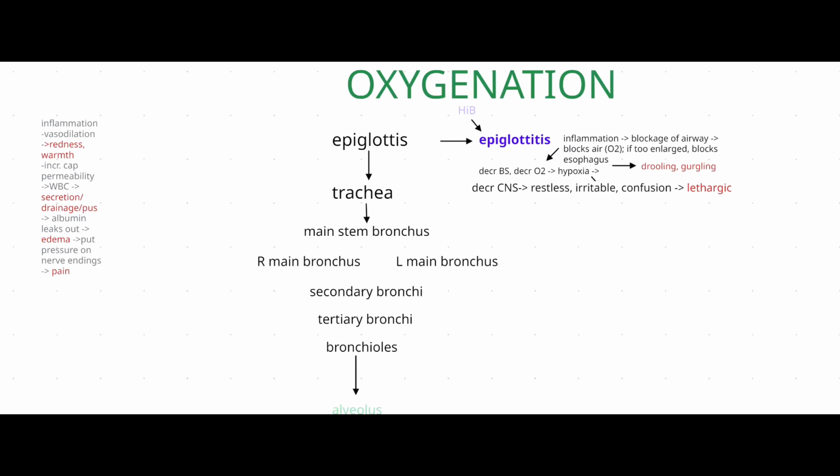And this is why there's a vaccine for it, because it's deadly. So epiglottitis is a medical emergency, right? This is a very deadly situation. If that airway closes, what are you going to do? You're going to have to put a trach on this patient. There's no other way, right? Because how are they going to get the air? You can't push a tube through the epiglottis. It's swollen. So there's no other way but a trach. Okay. So that's epiglottitis.